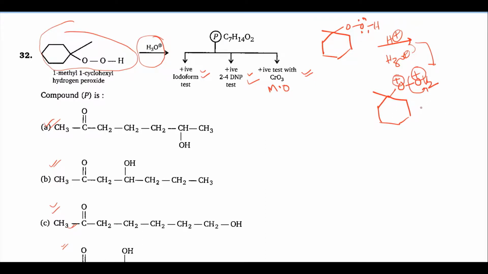Then you are going to get it like this. O plus is there. It is highly unstable. So to stabilize this positive charge immediately, the bond is breaking here. Here it is a negative charge, and here a positive charge. Then this bond is going to break.